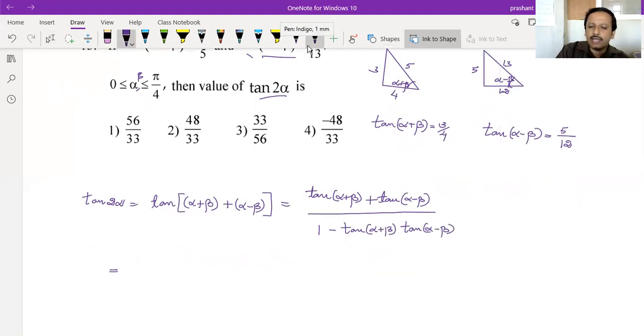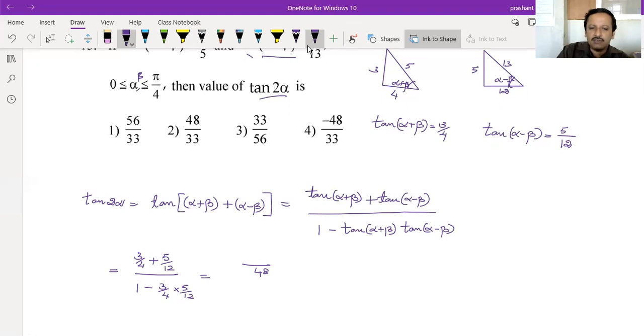Now let me substitute all these values. This is equal to tan(alpha plus beta) is 3 by 4 plus tan(alpha minus beta) 5 by 12, divided by 1 minus 3 by 4 into 5 by 12. Take LCM 48. Though the LCM is 12, because simplification would be easy. Here we can directly cancel that 48.